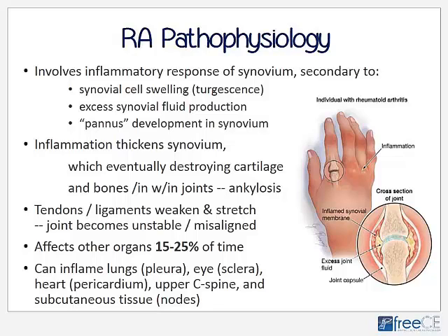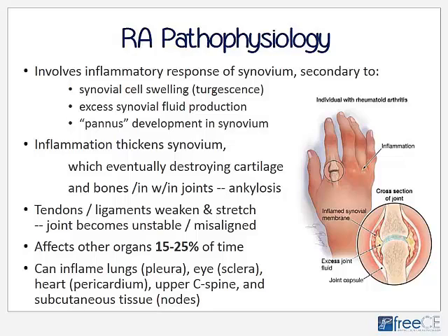Anyway, with RA, tendons and ligaments weaken and stretch, and the joints typically become unstable and misaligned, and that contributes to the deformity within the hands and feet and even in the spine.